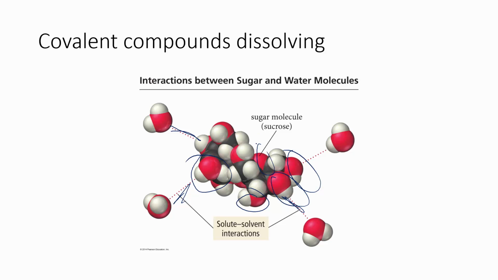So they interact with each other, but they can also interact with a water molecule and possibly be drawn away from the other covalent molecules that they were originally attached with. Sugar and water, for instance, is a good example of this. Sugar is a molecular compound, sucrose here in this particular example, and water molecules can get around the positive and negative parts and draw one sugar molecule away from the others.